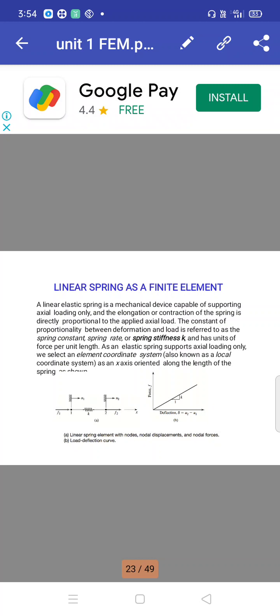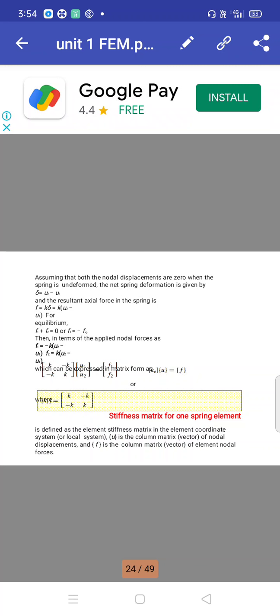As an elastic spring supports axial loading only, we select an element coordinate system, also known as a local coordinate system, with the x-axis oriented along the length of the spring. So this is the specification.